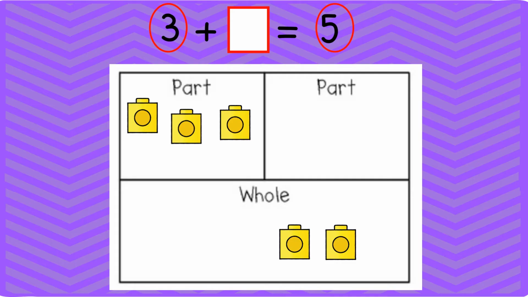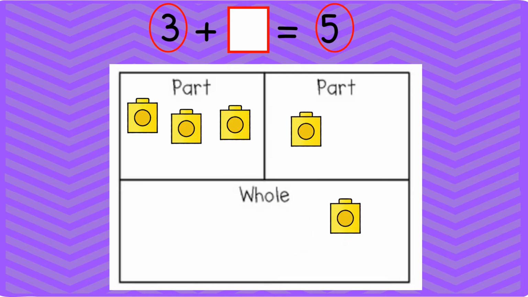We have some Unifix cubes at the bottom, and we're going to move those to the other part. Let's go ahead and move those. 1, 2. So our missing addend is 2. 3 plus 2 equals 5.